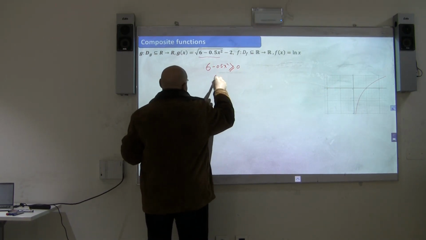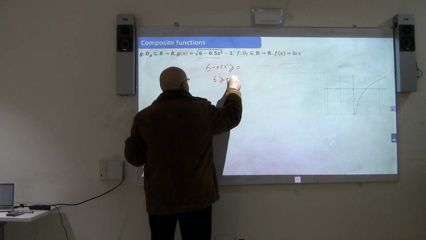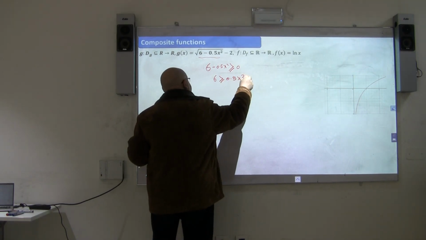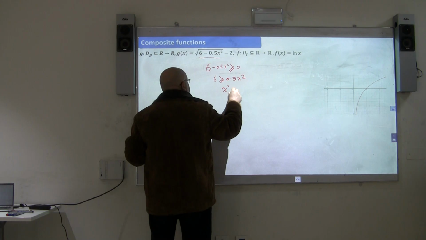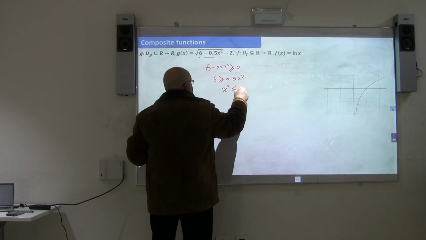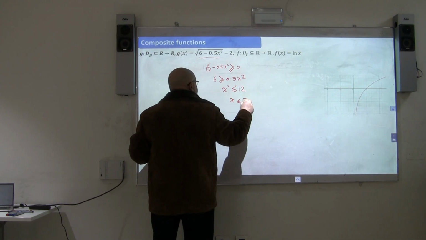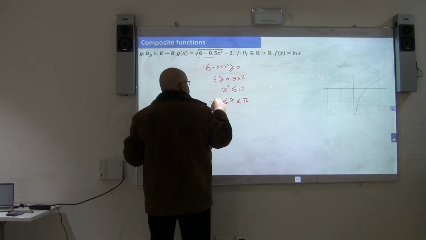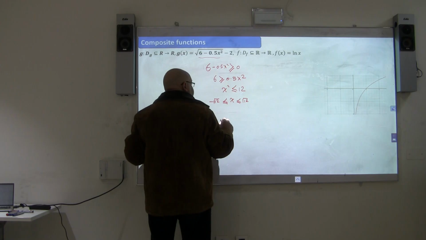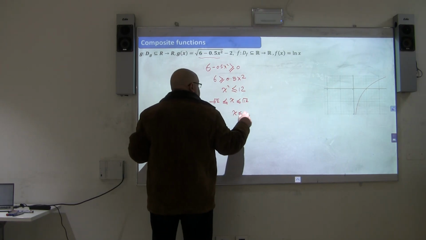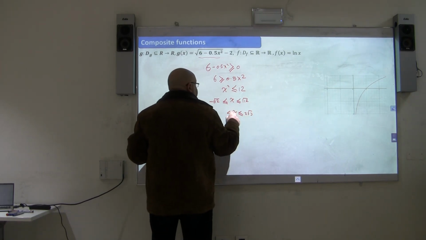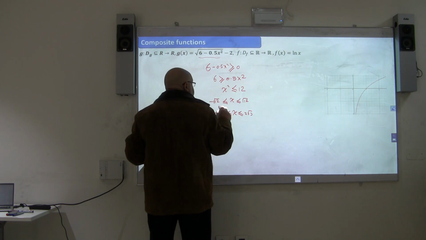Which means 6 must be greater than or equal to 0.5 x squared, which means x squared must be less than or equal to 12. That's x is less than or equal to the root of 12 and greater than or equal to negative the root of 12, which is x less than or equal to 2 root 3, am I right? Greater than or equal to negative 2 root 3.